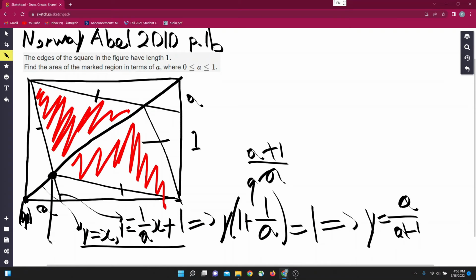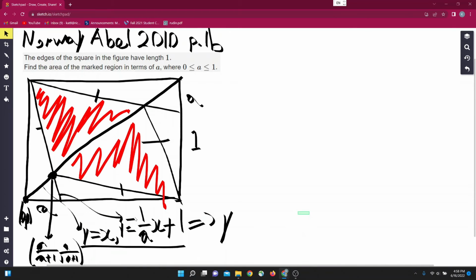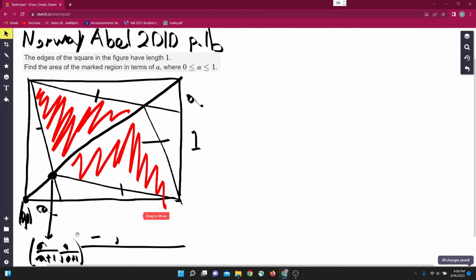So in other words, using the fact that this is y equals x, this point is actually just a over a plus 1, a over a plus 1. And in other words, if we clear all this out, just pretend we never used the coordinate system. Let's be a bit cheeky here.